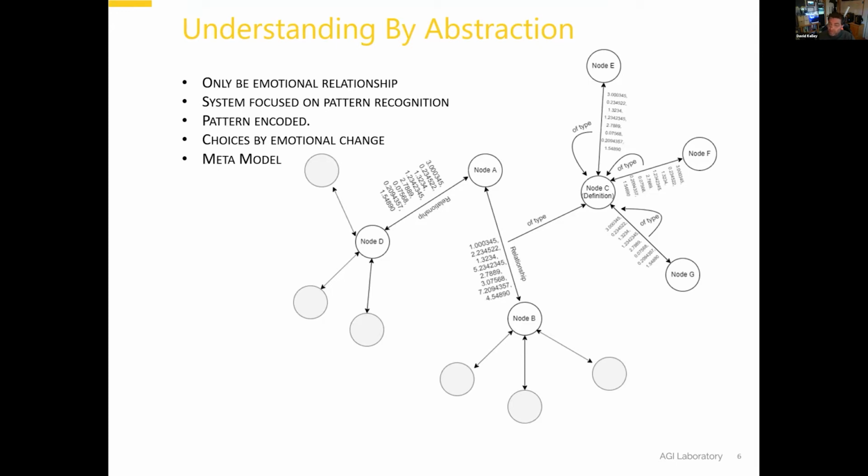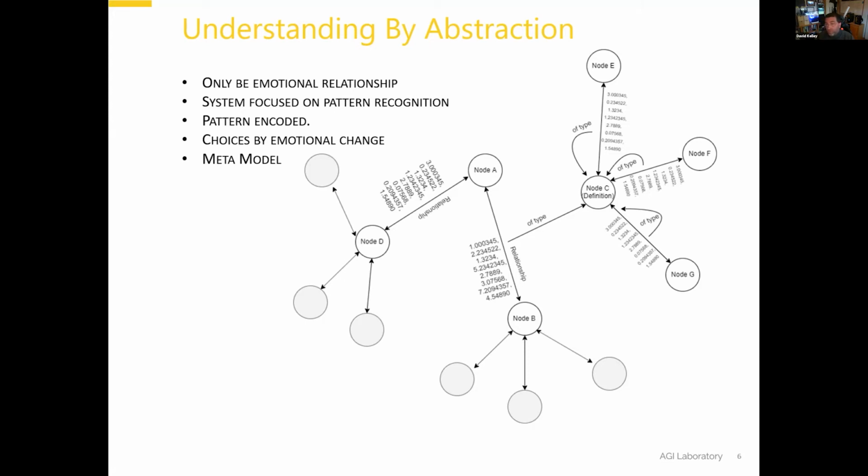Each relationship, as I had mentioned earlier, is based on emotional valences. And so this diagram shows you can pick a node like node A and node D, and the relationship between those is a series of numbers that represent elements on the Plutchik diagram. And then depending on what type of relationship that is, determines how they would be used.